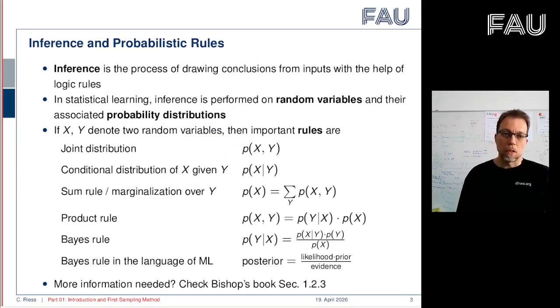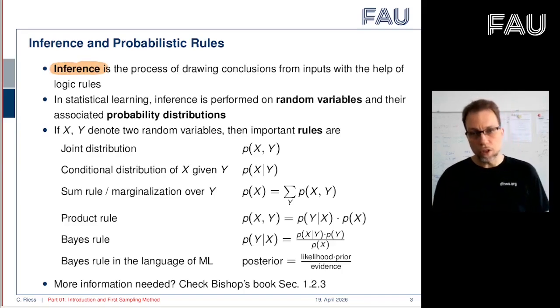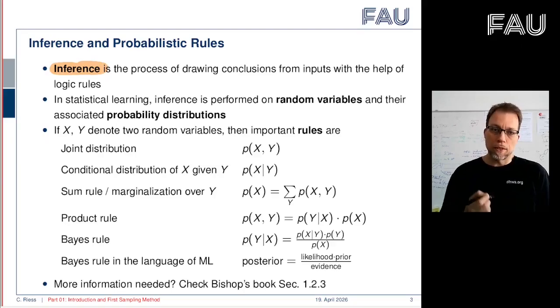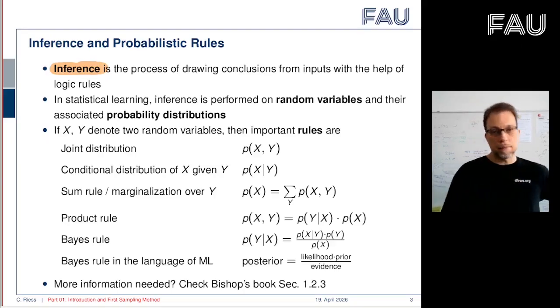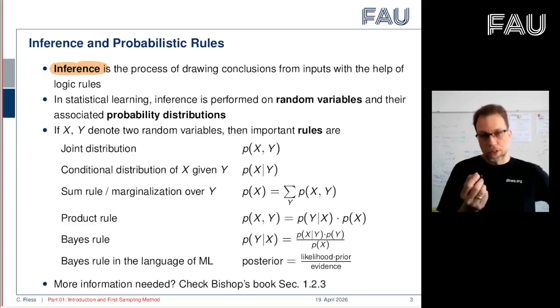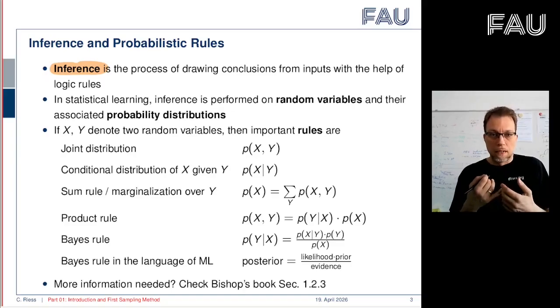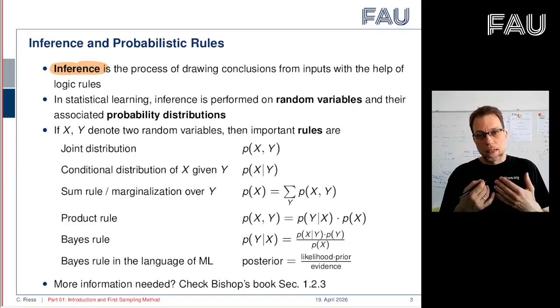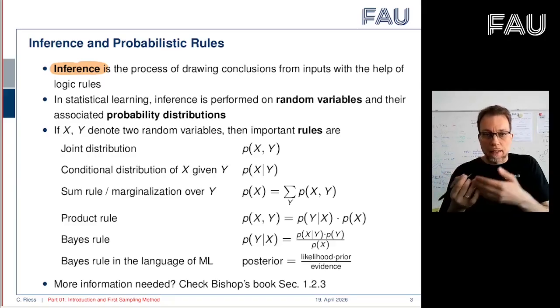Let's talk a bit more about inference. So what is inference? Inference, very basically, is just a process of drawing conclusions from inputs with the help of some logical rules. And everything that we do, of course, is in the context of statistical learning. So this means inference is something that is performed on random variables and their associated probability distributions.